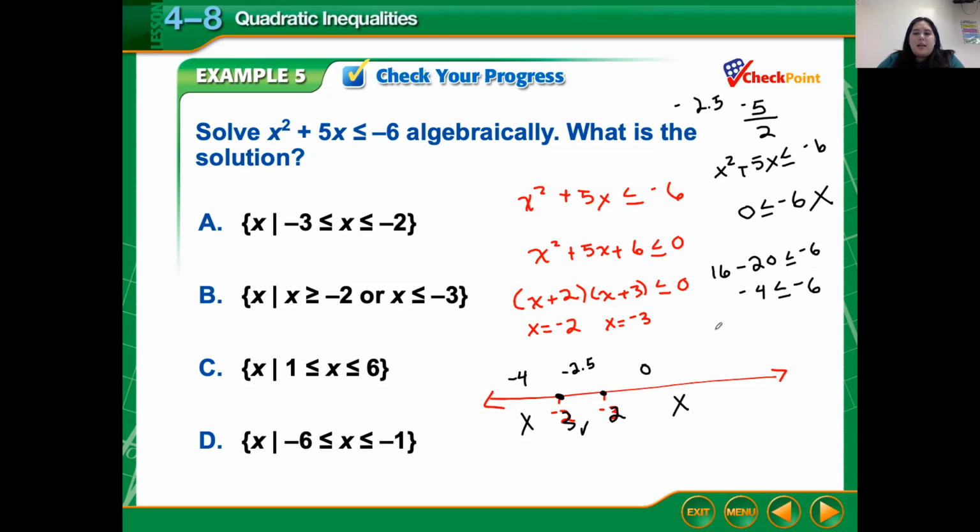And then I'm going to use -5/2. Squaring that would get me 25/4, minus 25/2.